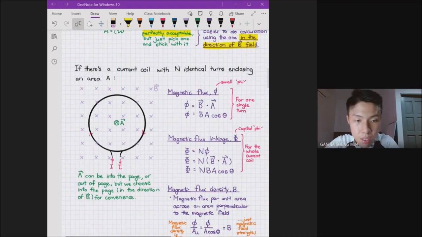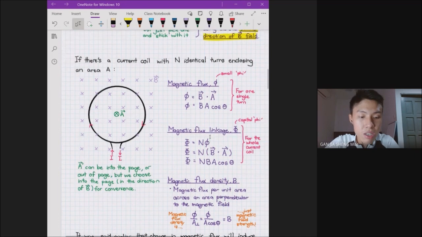You can break it open, then it becomes the number of turns multiplied by the magnetic field strength multiplied by the area multiplied by cos theta, and theta is still the angle between the magnetic field and the area vector. So this magnetic flux linkage is for the whole current coil, but magnetic flux is only for one single turn. These two things you need to be able to differentiate well.